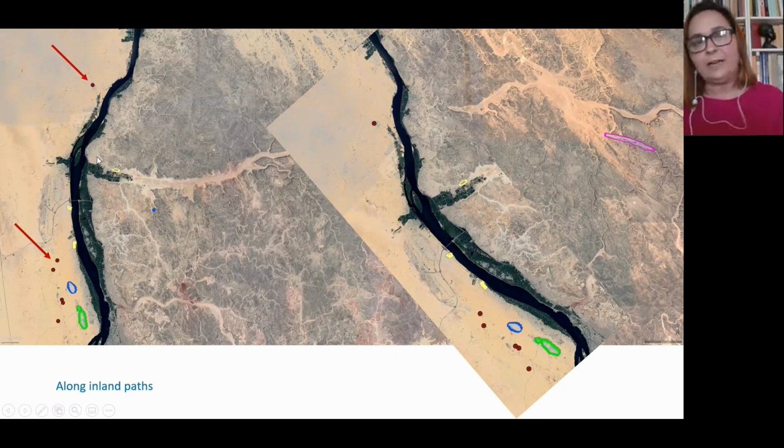And so in this area where the valley is very narrow, of course, it was not so possible to cross, let's say, go north-south following the river. So the inland paths were also very common in use. And apparently some rock art panels, rock art stations, were marking this kind of pathways. And so we can see them here on the West Bank.